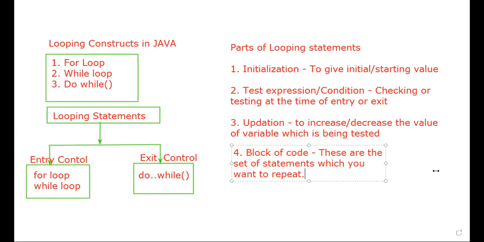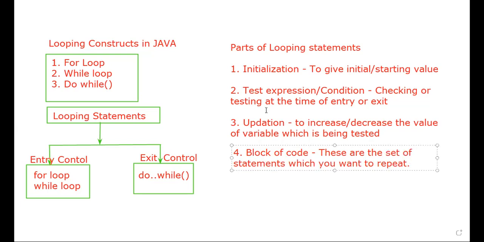Okay, now we need to understand where these four parts exist in my looping statements: in my for loop, in my while loop, in my do while loop. Let us take an example.